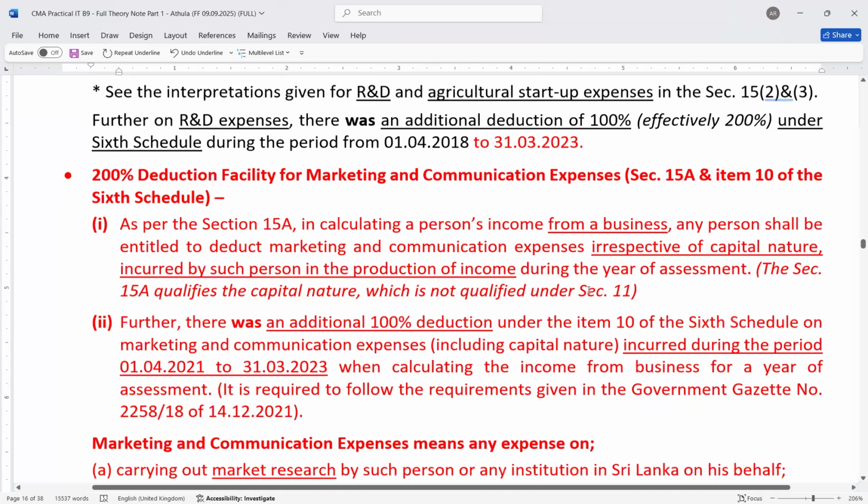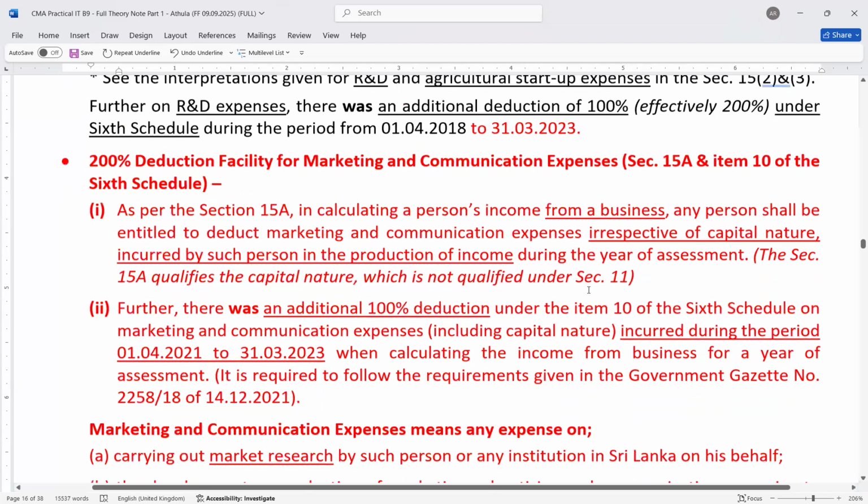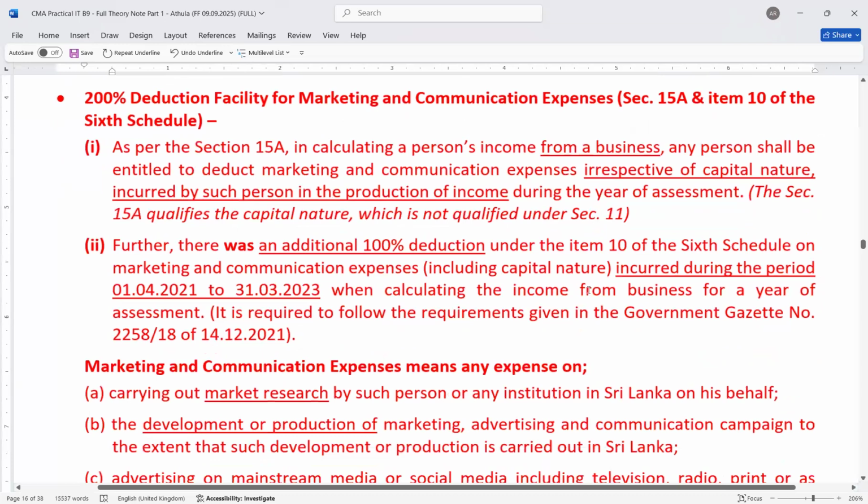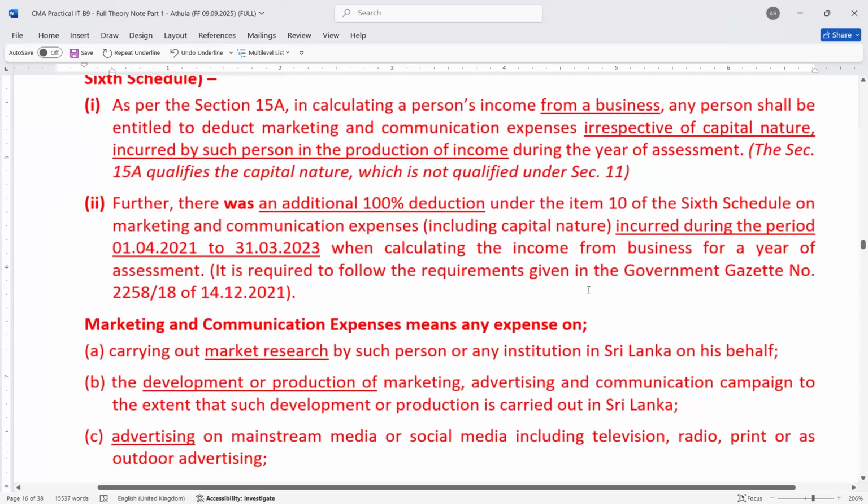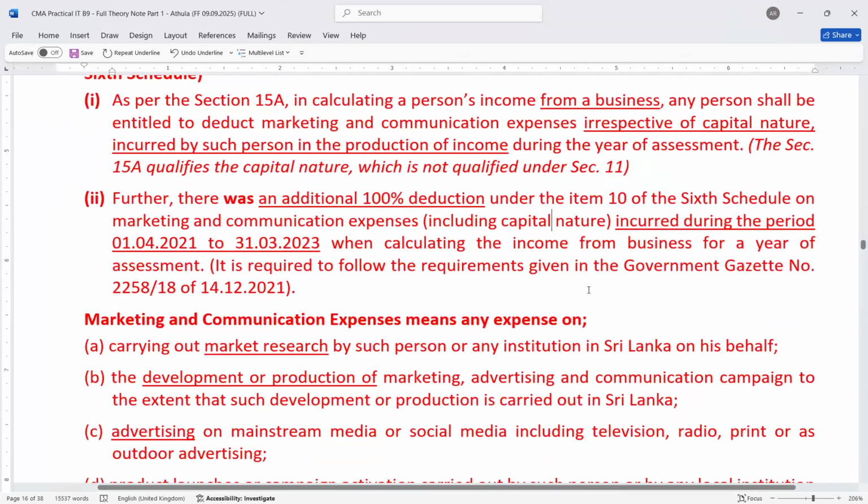Then part 2. Further, there was an additional 100% deduction under item 10 of the 6th schedule on marketing and communication expenses, whether capital or revenue nature, incurred during the period from 1st April 21 to 31st March 23, when calculating income from business for the year of assessment.